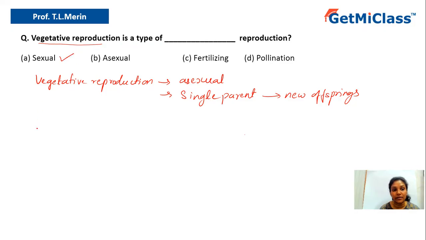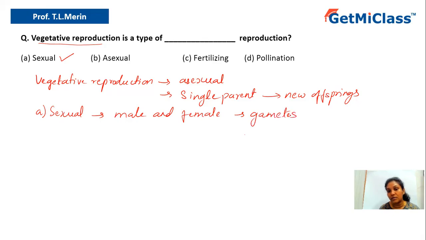Option A says sexual reproduction. Let us see what sexual reproduction is. As I've already told you, this involves two parents, male and female. They give rise to respective gametes, and these fuse with each other, which is called fertilization. This results in the zygote, and the zygote gives rise to the offspring.